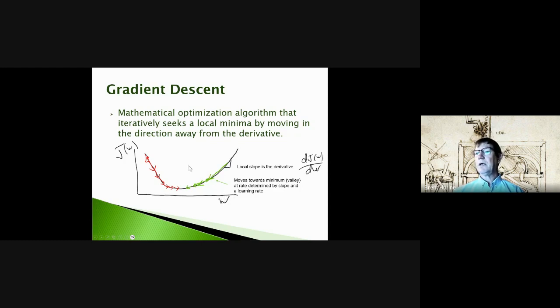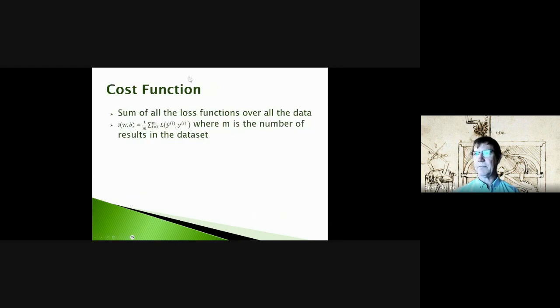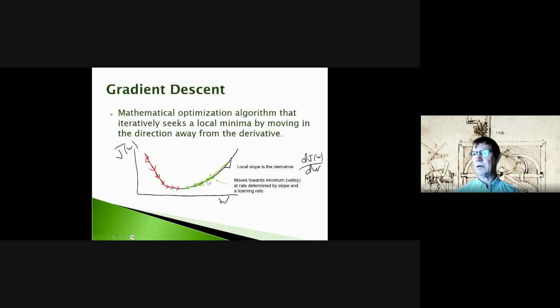So when we go through and do our forward propagation, and we put in all of our different training set examples, and we predict our outputs, and then we compare those using that crazy complicated loss function, and then sum them all up and divide by m to get our cost function, then we're maybe going to be right here, right? And now we do it again, where we update those weights, and we keep moving.